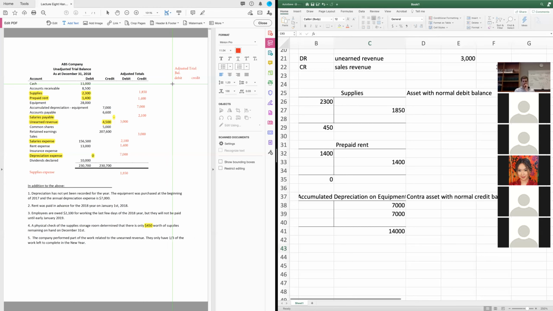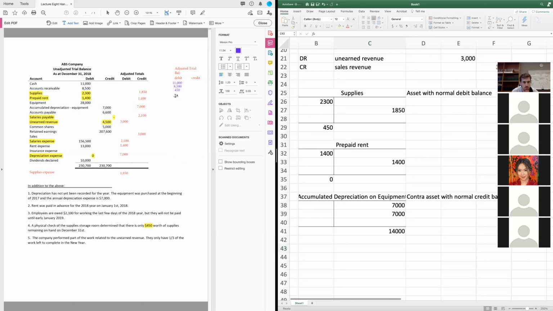I'm going to use a different color. So my cash will be the same, nothing has changed. Still 11,000. My accounts receivable, still the same, 8,500. My supplies, what's my supply? Anyone? 450. Okay, good.